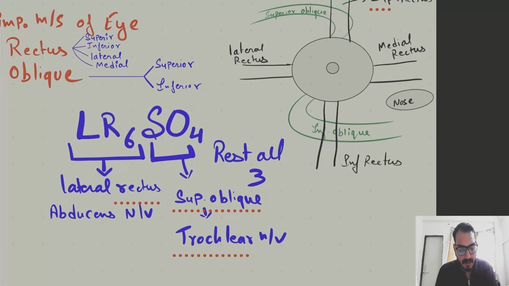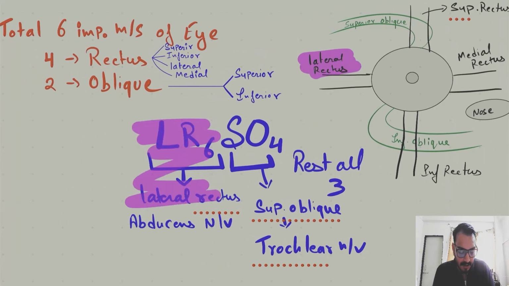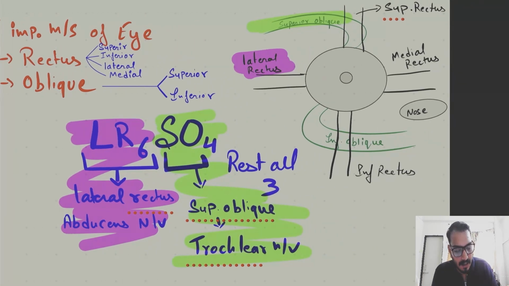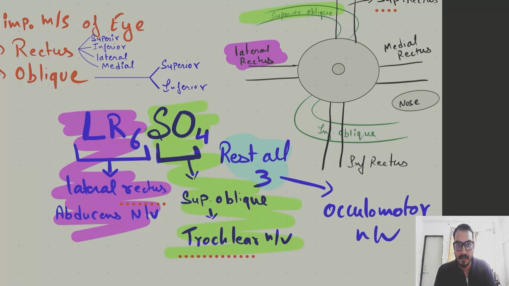And the rest of the muscles? What we have discussed: lateral rectus is supplied by the abducens nerve, superior oblique is supplied by the trochlear nerve, and the rest are supplied by the third cranial nerve, which is the oculomotor nerve.